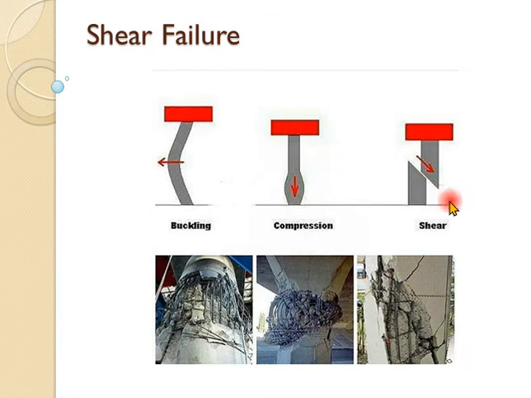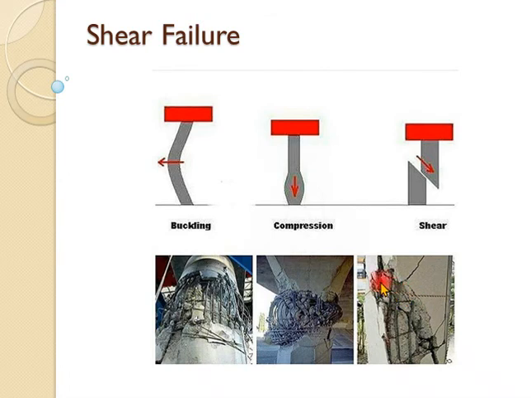So for shear, the failure will be like this, and you can also see a failure mode with a nearly 45 degree angle. And in this picture, you can see the failure of the concrete columns.